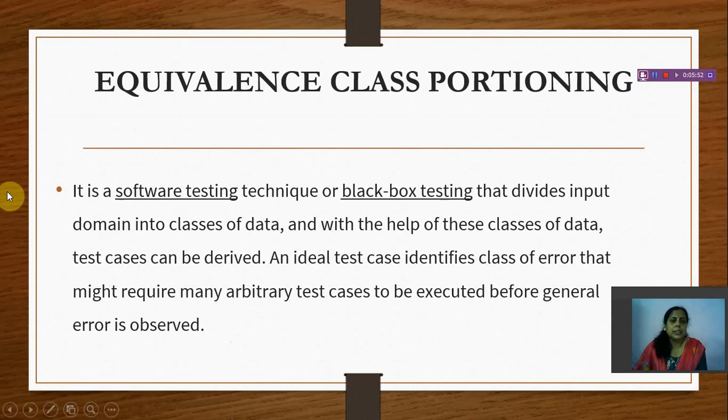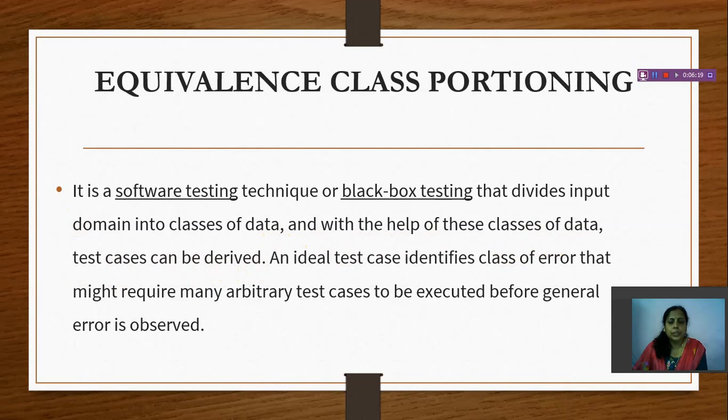Equivalence class partitioning is a software testing technique of black box testing that divides the input domain into classes of data, and with the help of these classes of data, test cases can be derived. Means the input domain of a software system is divided into different classes.